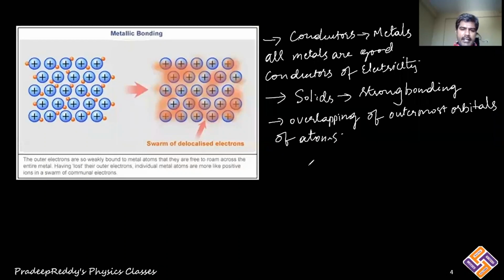So if I take one conductor, you have one atom here, another atom here, and another atom here. The outermost orbitals of these get overlapped with each other.